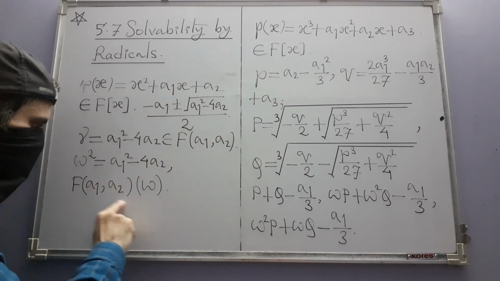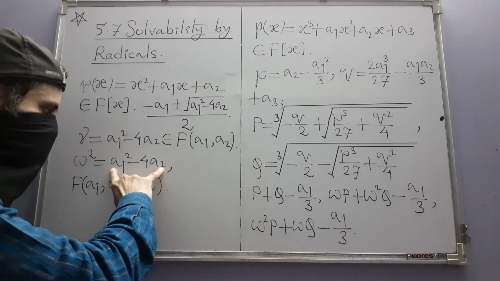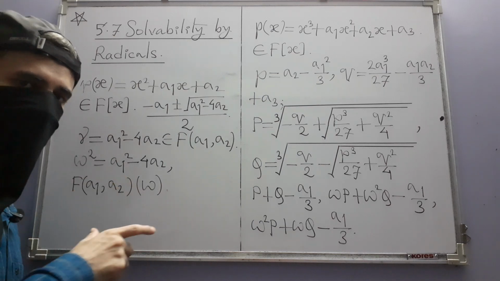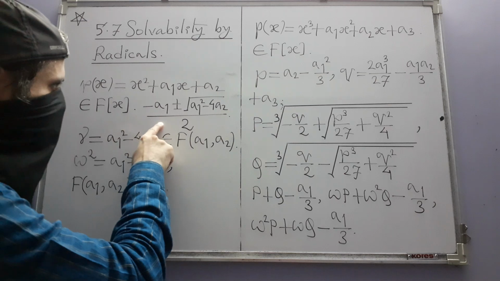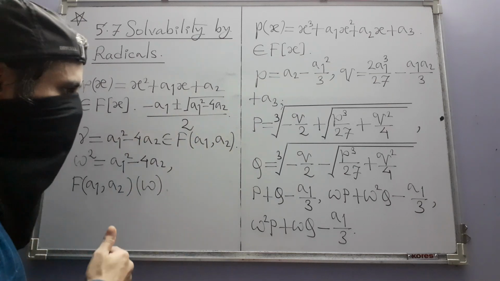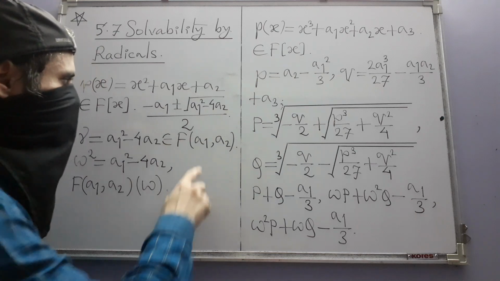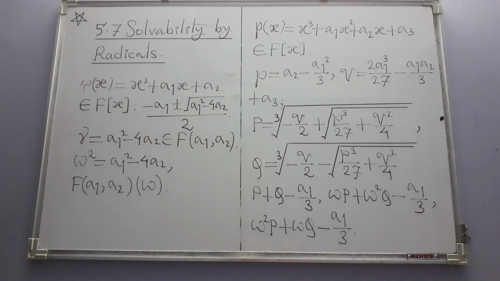You have to extend it by including a square root of this rational function to this field, and then that extension contains the roots. And that is why the original roots are expressible as combinations of square roots of rational functions of the coefficients a1 and a2.